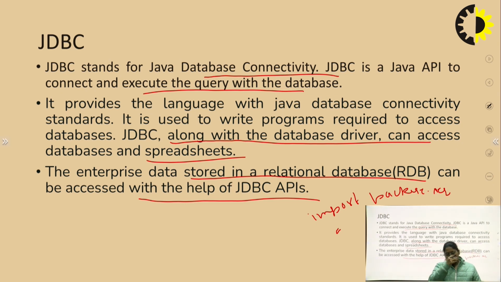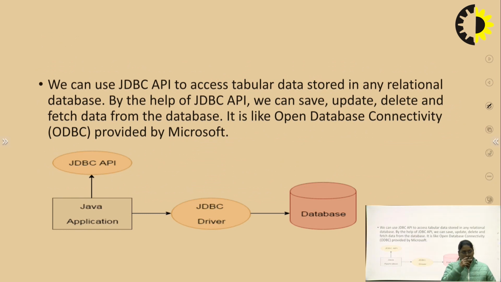So first we import that package, and after that we create the class, and under this class we create the connection with the database. We can use this JDBC API to access the tabular data stored in the relational database.